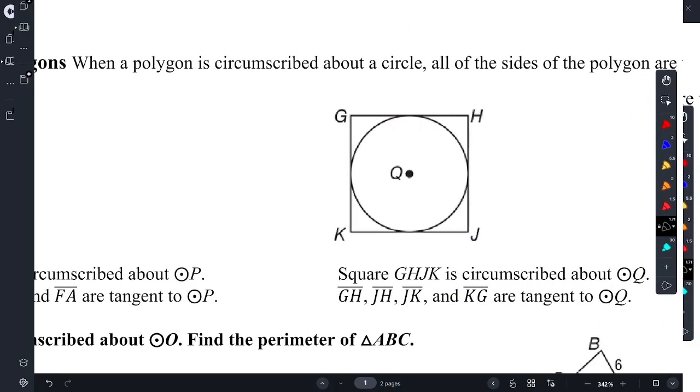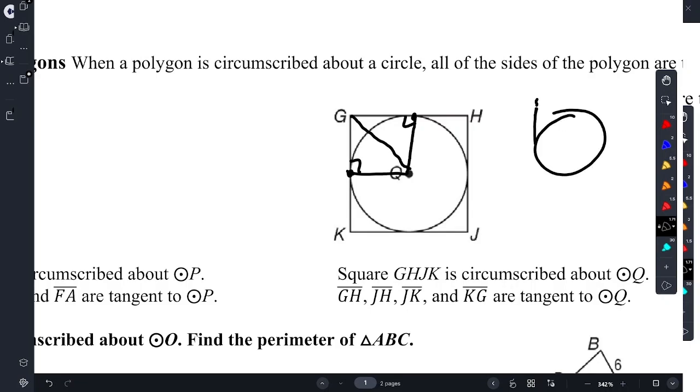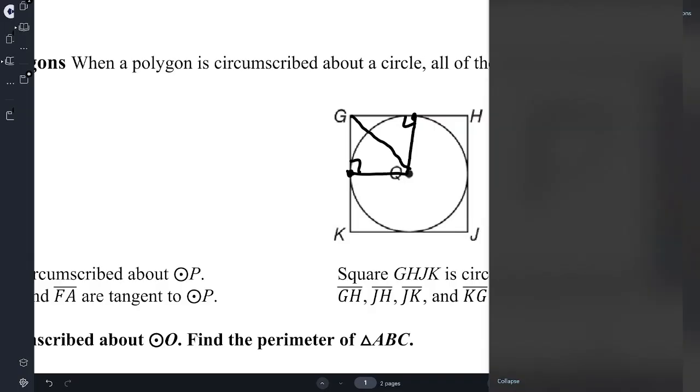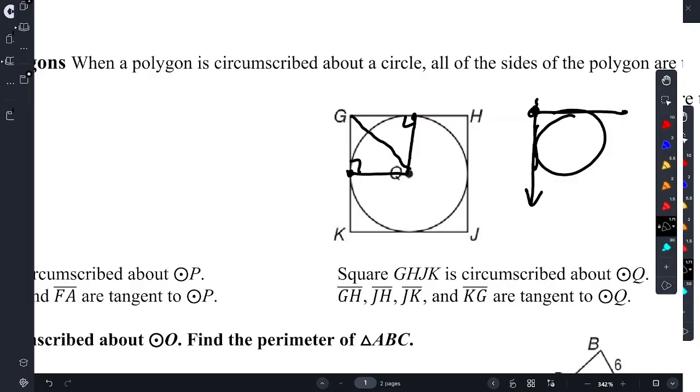Because let's look at this one right here. Focus in on this. That's a tangent point, right? And that's a tangent point, right? So that's a right angle, that's a right angle. So you see what you're looking at here? That's two tangents. Ignore all the rest of the picture and just look at that, right? You got the circle, and you got this, and you got this. Aren't they starting from the same point? And they're both tangent? So what's that mean? They're equal.